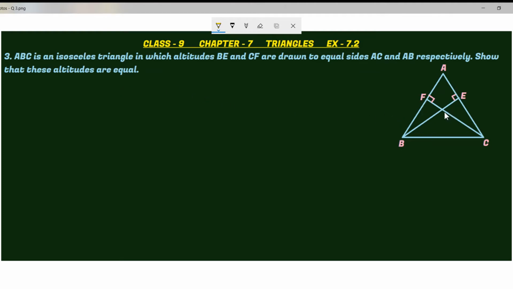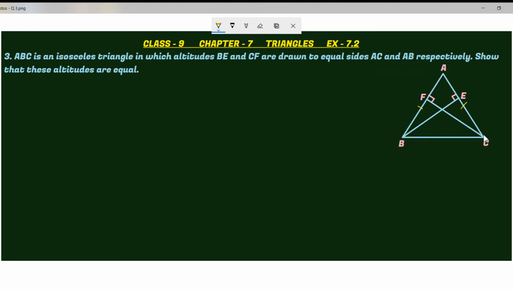In the question, they are telling this triangle ABC is an isosceles triangle in which the side AB is equivalent to AC. And there are two altitudes BE and CF drawn to the side AB and AC respectively.